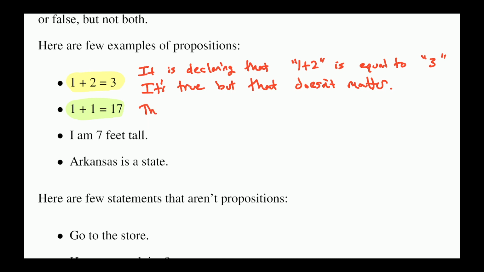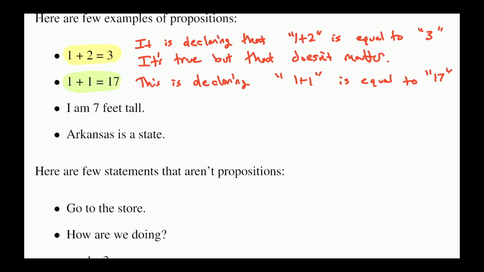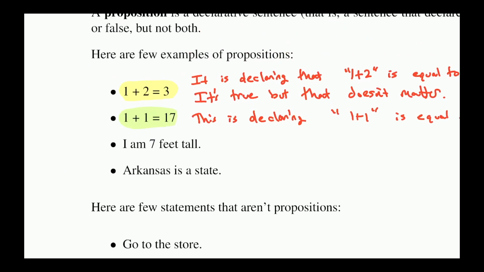This is still a declarative statement. So it's declaring 1 plus 1 is equal to 17. That happens to be false. Okay, that doesn't matter. It's still a proposition, right?